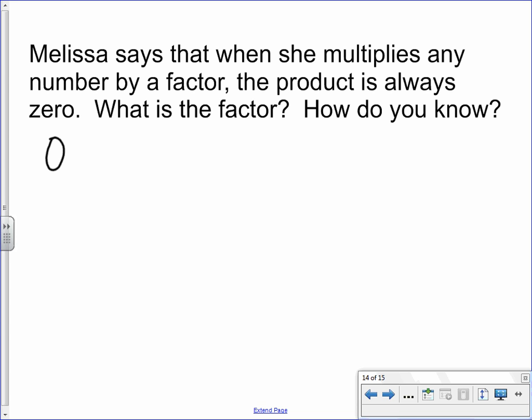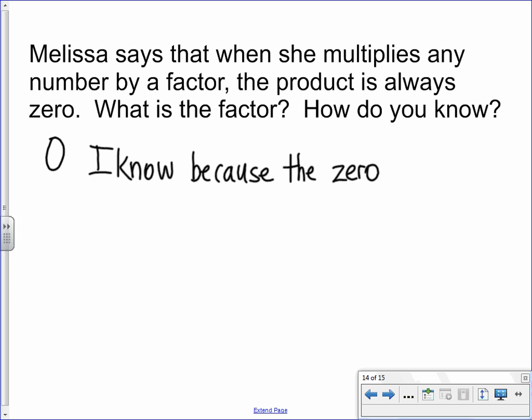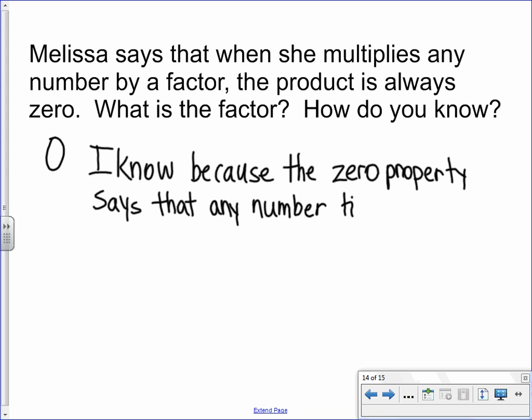So if we had to write an explanation on our test, for example, that tells how we know that the mystery factor was 0, we could say, I know because the 0 property states, or says, that any number times 0 is 0.